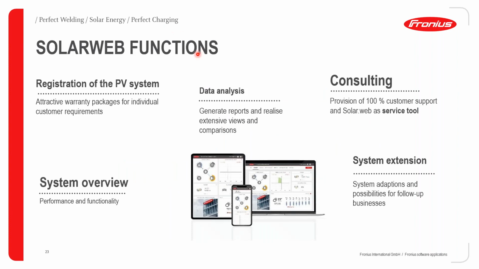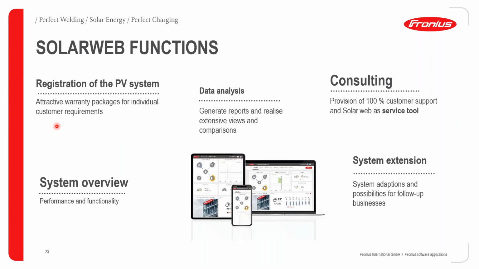So what are the key functions that Solarweb allows you to achieve? The first critical one is the registration of your PV systems in Solarweb. And this allows you also to extend warranties as appropriate for the particular products that you're using, and also depending on your customer requirements.